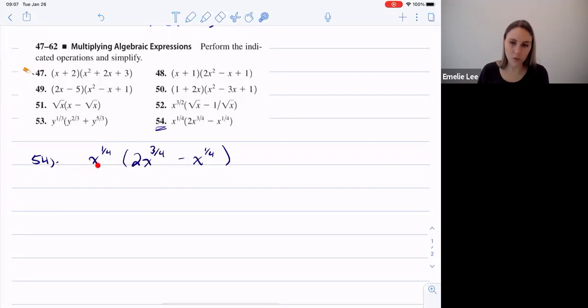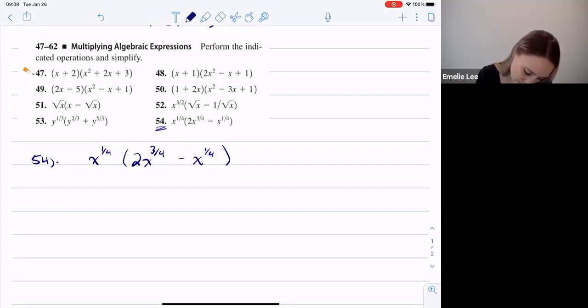But what we're doing is the same thing that we were doing last week. We're going to multiply this x to the 1 over 4 onto both terms. So this x to the 1 over 4 goes onto each of these terms.